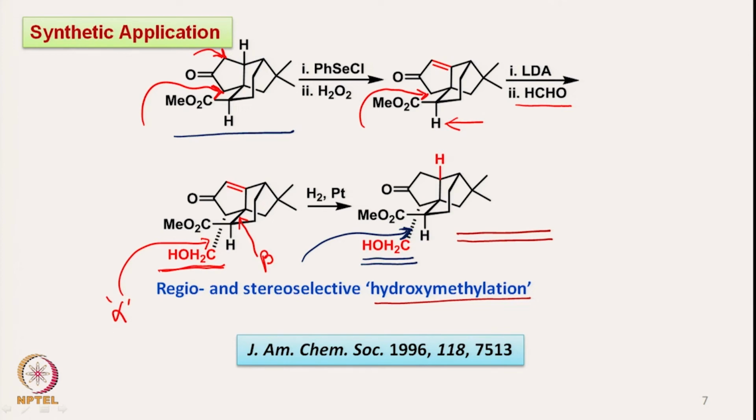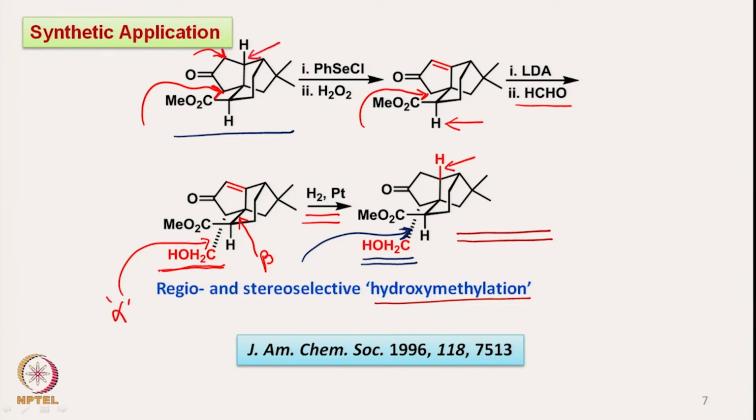Once this substitution of the CH2OH group has occurred at the alpha position next to the carbonyl group, then the hydrogenation is carried out with hydrogen and platinum to saturate the double bond and get back the hydrogen here, which is what was present in the beginning.